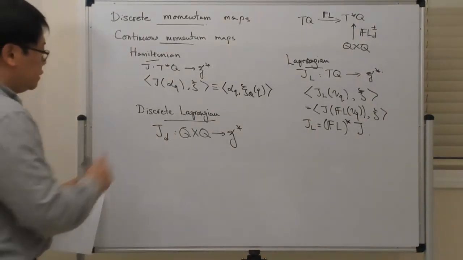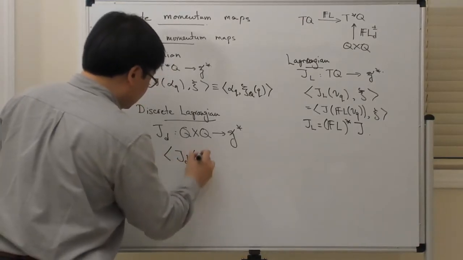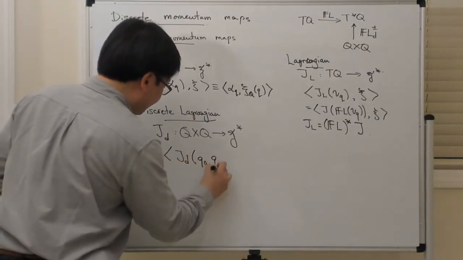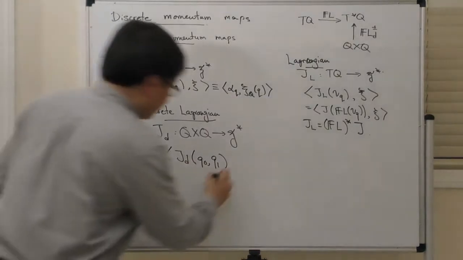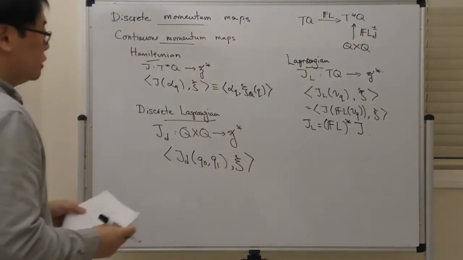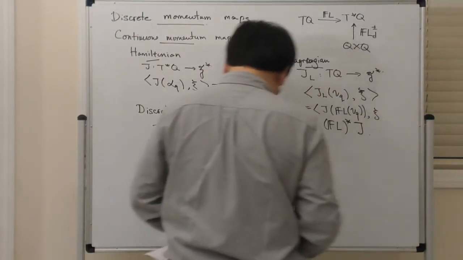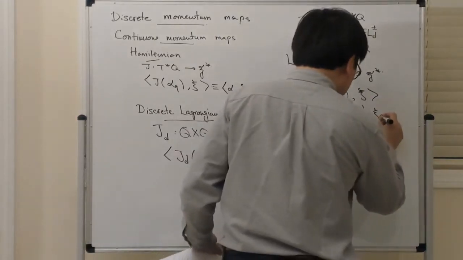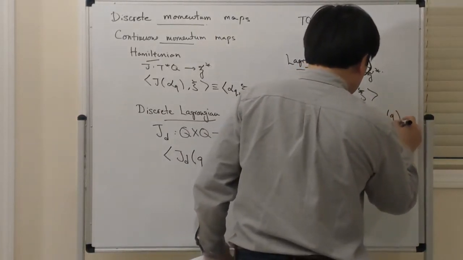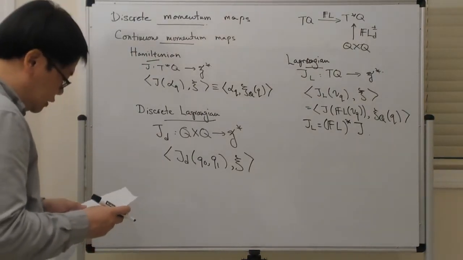So what you expect is that J_D of q0, q1 is paired with the algebra element, sorry, paired with the infinitesimal generator.